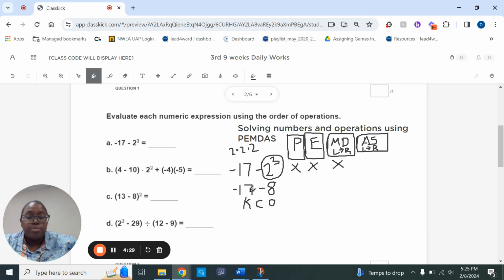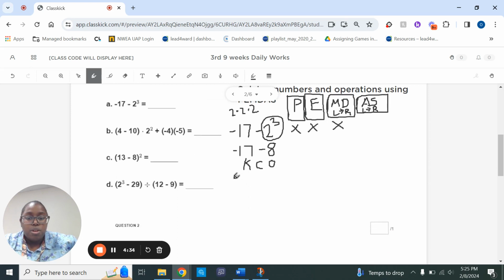So KCO, that means we have negative 17 plus, this was positive 8, now it is negative 8. So we are actually solving negative 17 plus negative 8. Going to adding integer rules, this is same sign, and same sign means we add and keep. So you're going to have to finish this off and finish solving that problem on your own.